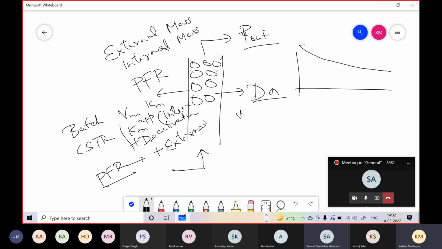How would you know that you have no external mass transfer impact happening? How would you say that there is no external mass transfer problem in a PFR? Can you think of something? Hello? How would you prove that there is no significant external mass transfer issue in a PFR?